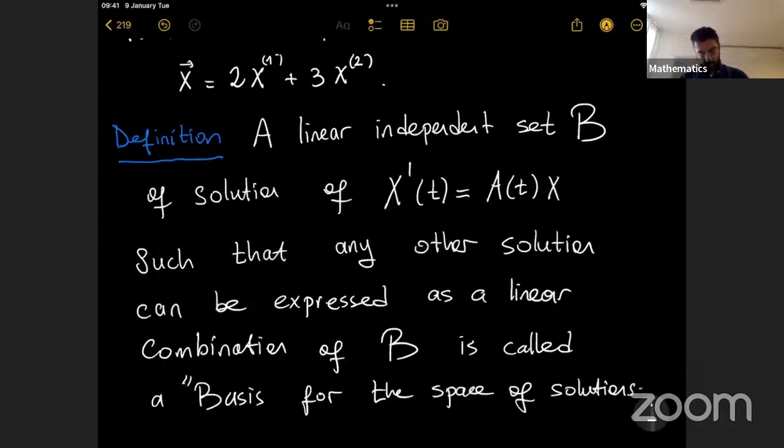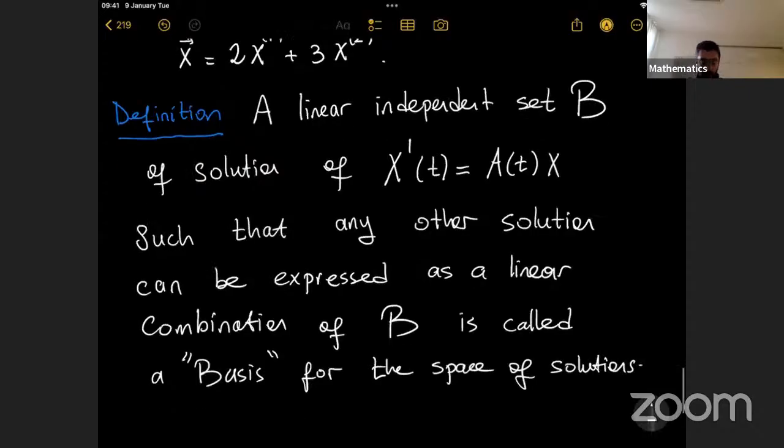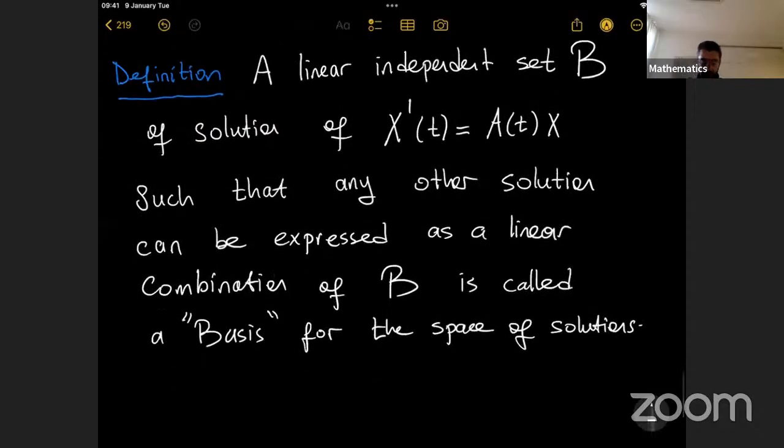Okay. So if you have an n by n matrix, and the system has n independent solutions as vector functions, then this set is called a basis. Let me write this as facts. So is it clear what a basis is?